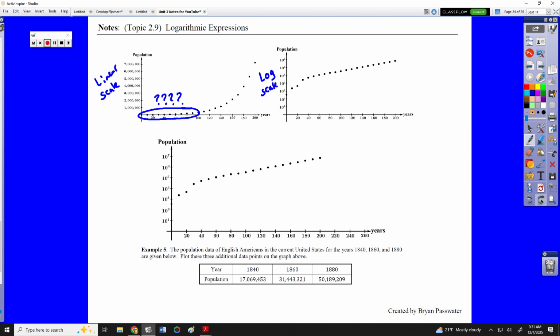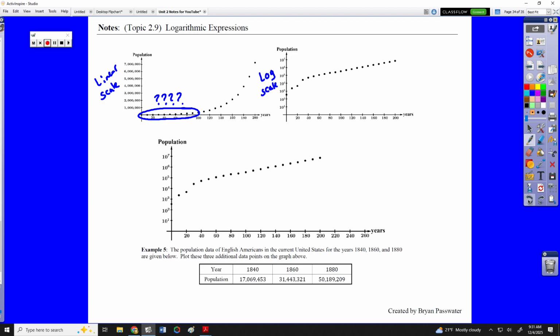So if we took that 10 to the first power and we drew 10 more lines in down here, those would represent 1 through 10. But then in the next section, if we drew more lines here, those would no longer be by 1, they would be by 10. So we have to keep that in mind.